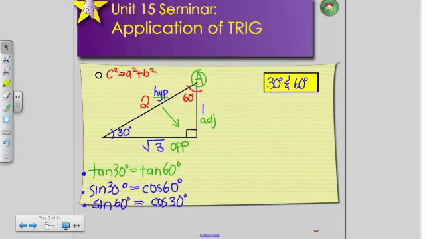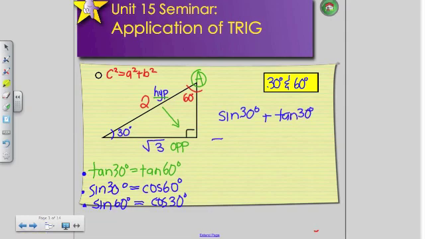So in your assignment, you're going to be given questions like the following. Sine 30 degrees plus tan 30 degrees.